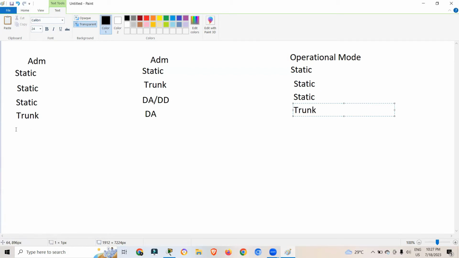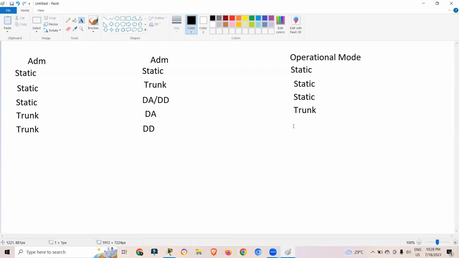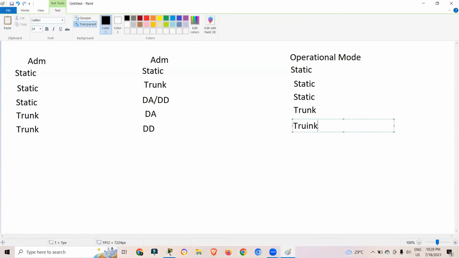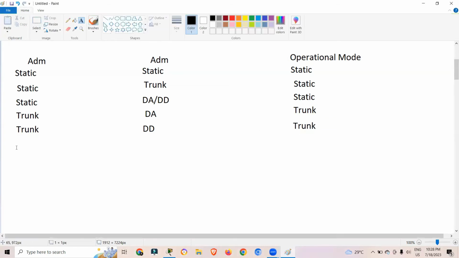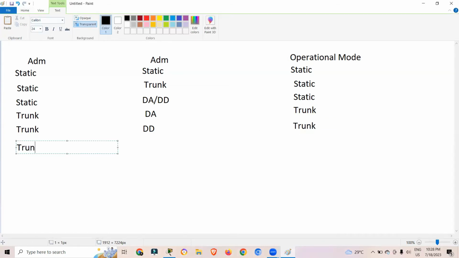If one interface is in trunk mode and the other in dynamic desirable, this will also be a trunk link. If the first is trunk and the second is trunk, the combination will be trunk.